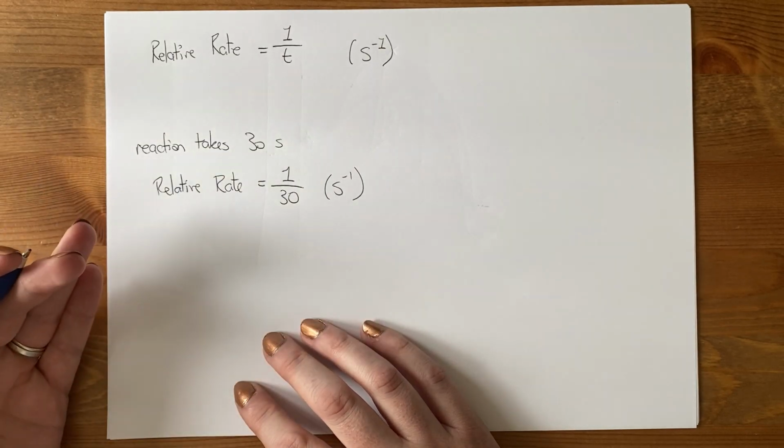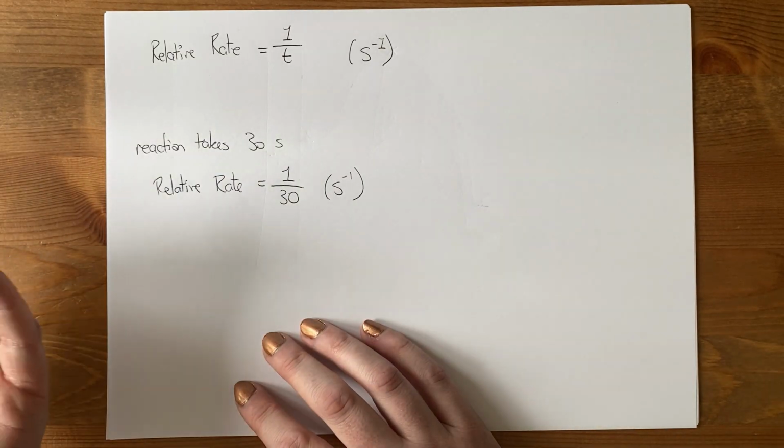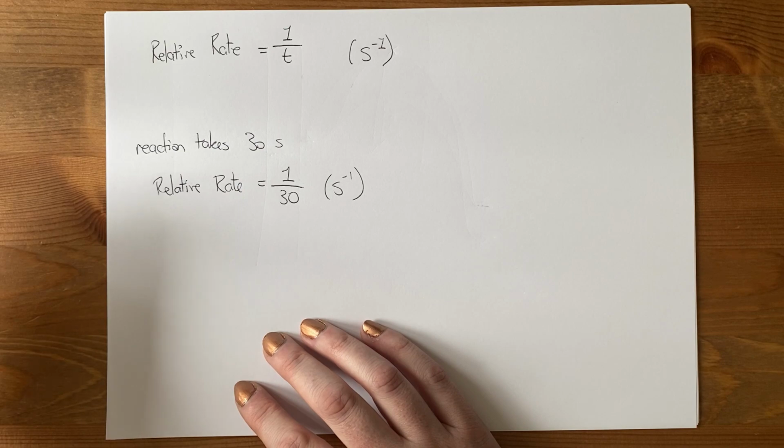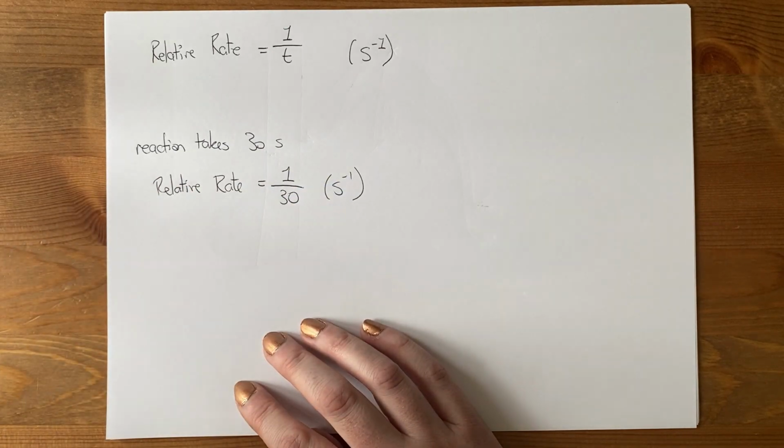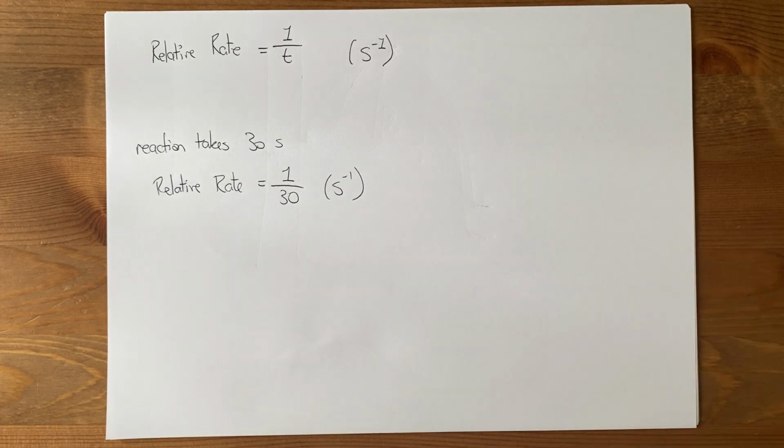I'm just going to leave that as a fraction form just now, but you would put that into a decimal. S to the minus 1 would be your units. I've just put it in brackets just to remind you what the units are there. That's all it is. All we're looking for at higher level is for you to be able to do 1 over t and tell me what that relative rate is. Okay, you might be asked what the average rate is, but that's not really a higher question anymore. It's more National 5, so quite important to think about.